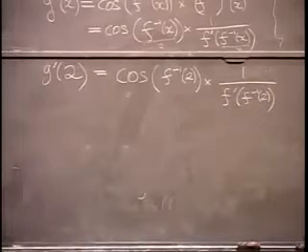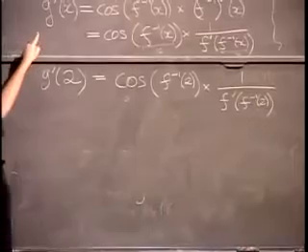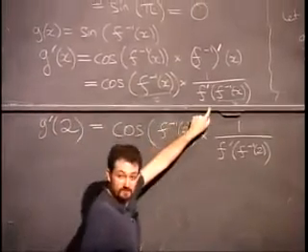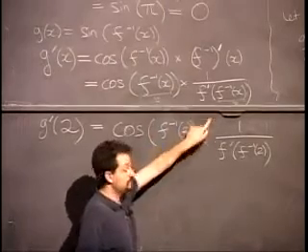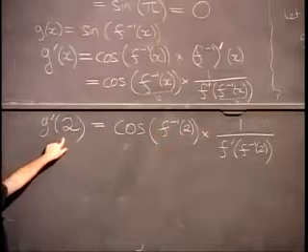Now we have to start using our data. I just want you to understand, we took g, we used the chain rule on it, and we used the rule I put up in a box earlier. Then I've just plugged in 2 because the problem asked what's g prime of 2.